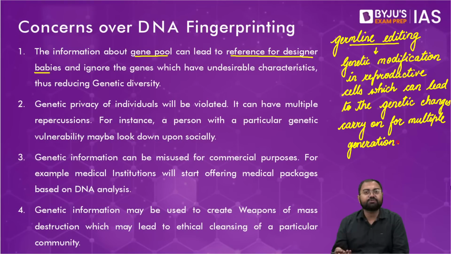Ethically also it is wrong, because you are taking a decision for somebody without asking them. So for example, you are looking for those genes that are related to superior mathematical aptitude, and you want those genes in your child. You have not asked the child whether the child wanted to be a mathematician in the first place, or whether the child wanted to become a lawyer or go into the humanities sector, or maybe become a CA.